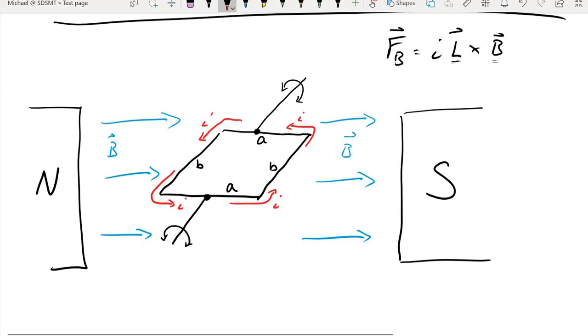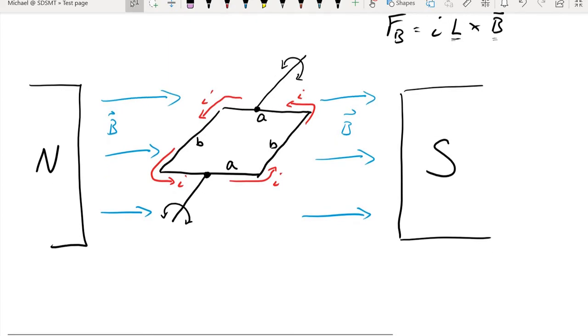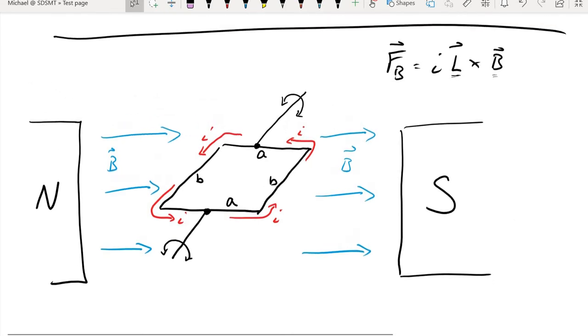This is not something that would actually happen in real life unless this coil was made of some kind of superconducting material.